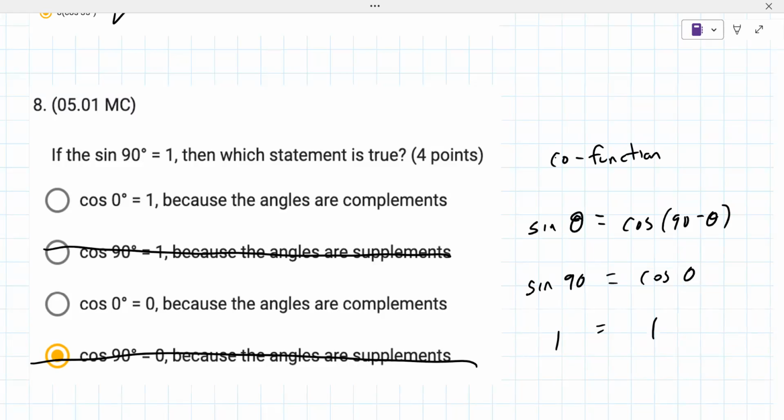Okay, so it wouldn't be cosine 90 equals 0, because on the cosine side it would be 0.